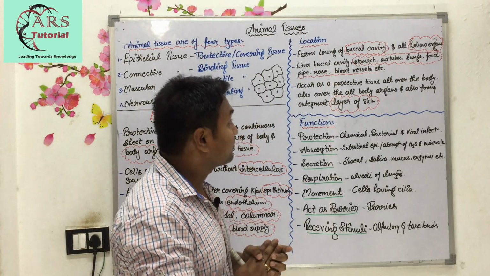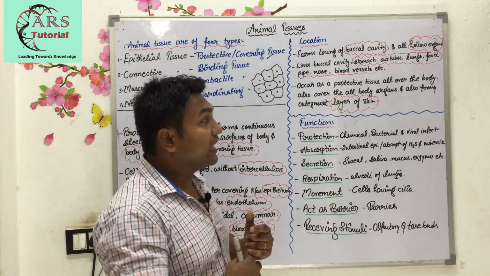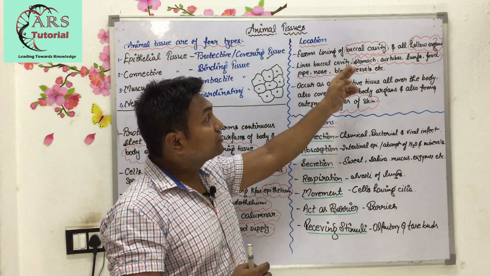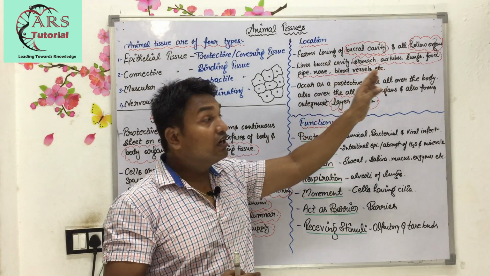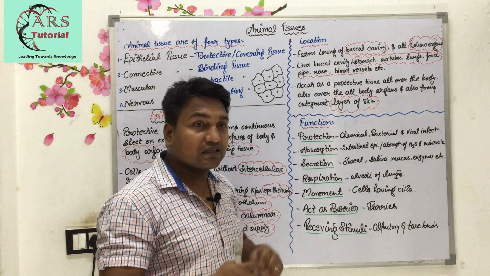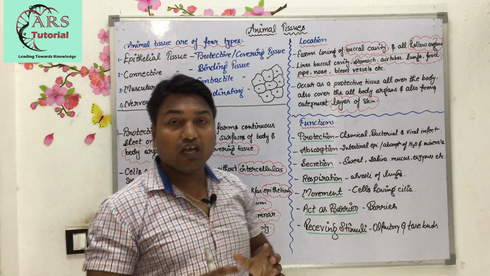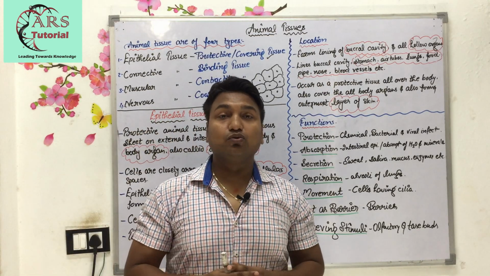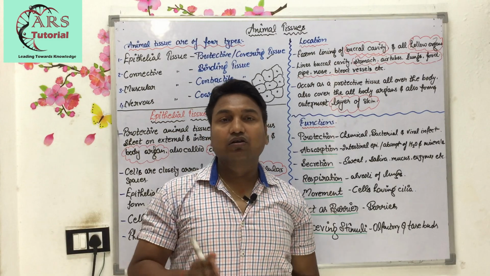It also forms the lining of the buccal cavity, stomach, air tubes, lungs, food pipe, nose, blood vessels, etc. These are the organs of our body where epithelial tissue is found, forming a continuous sheet.